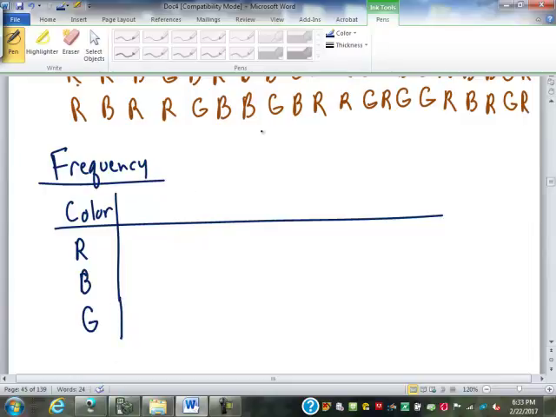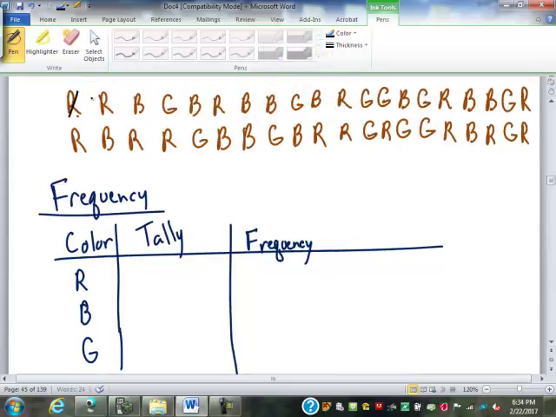And then we're going to have the frequency. But I'm going to put an extra column in here. Normally, this extra column wouldn't be in here, but I'm leaving it in to construct this table. I'm going to call it the tally column, and I'm going to use it to tally up my results here.